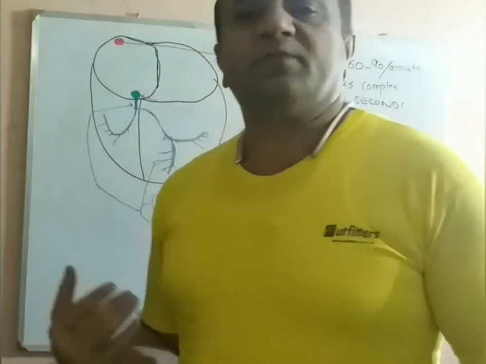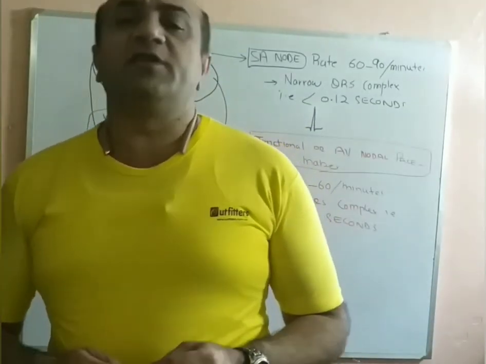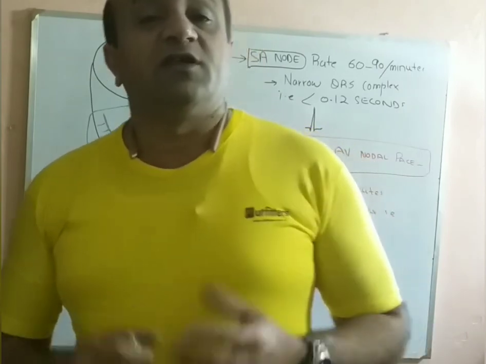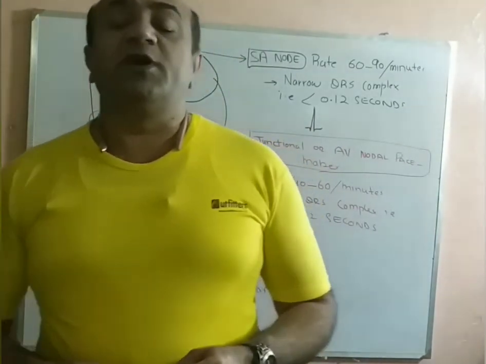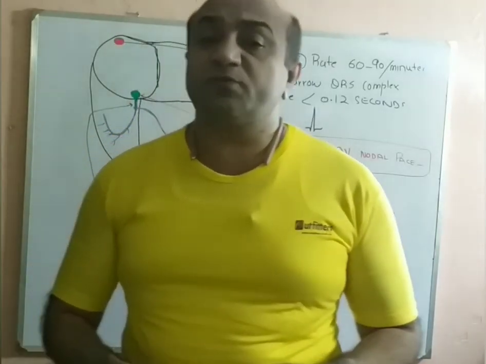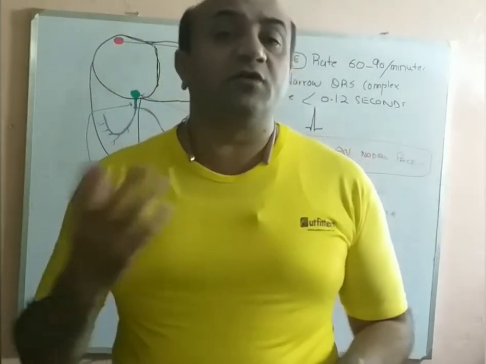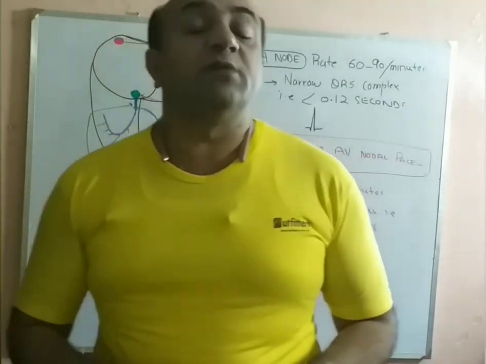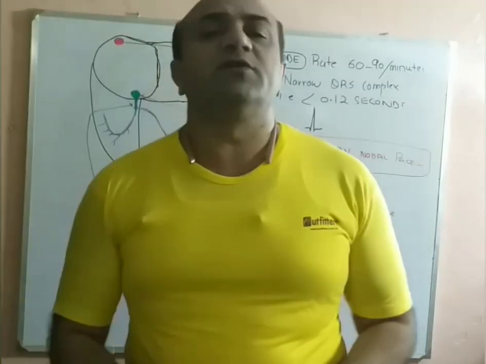In the next diagram, we'll try to understand how the ECG tracing will look in case of complete heart block. And this complete heart block can happen in myocardial infarction, in electrolyte disturbances, and because of certain drugs. For example, if a patient is put on a beta blocker and diltiazem or verapamil at the same time, it will cause complete heart block because both are AV nodal blocking drugs.